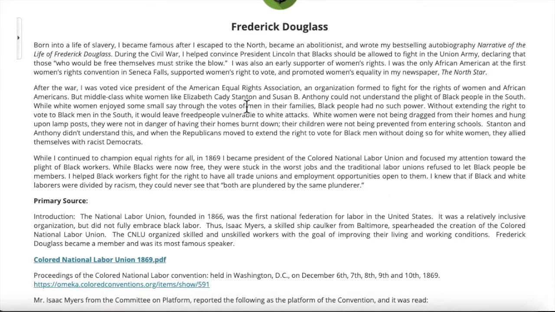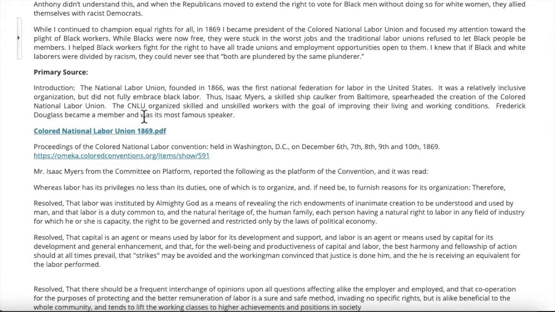This is not exactly the words of Douglass, but somebody wrote this because they wanted to play the role of Douglass and sort of sum up what he did in his life and what he was for. But when we get to these primary sources, you have the actual words of Douglass as they were really either spoken or written.